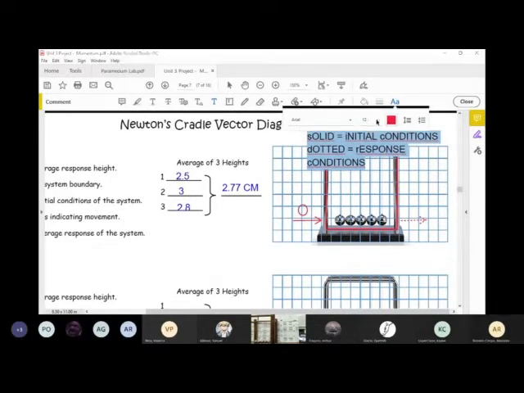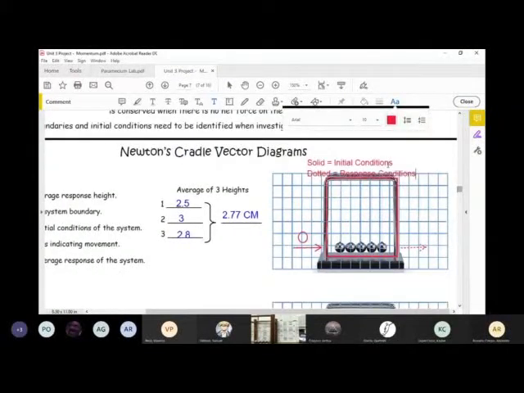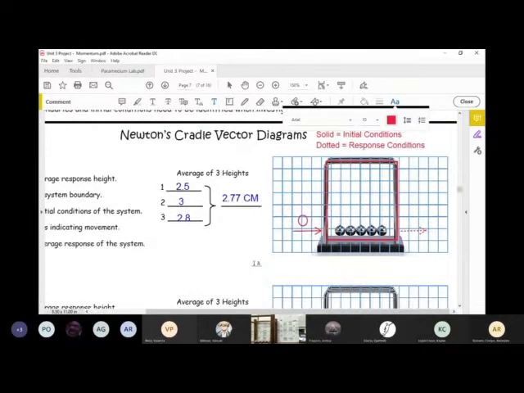I also don't want that to be so big, so I'm going to change it to 10. I'm going to undo this whole thing. So you should make a key at the top here showing what you used for your arrows and so forth. Move that to a better place. Yours might not be solid and dotted, it might be green and orange or whatever colors you used.